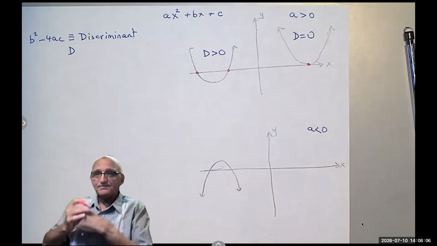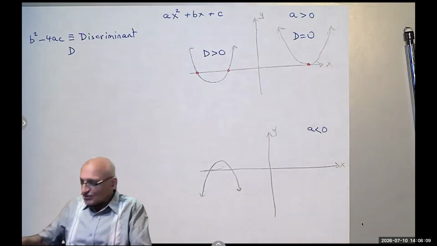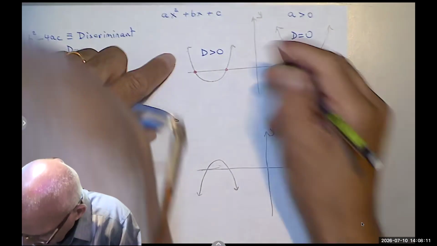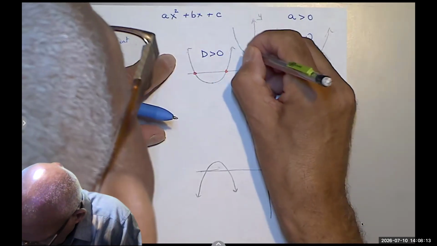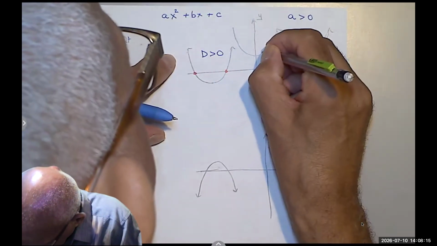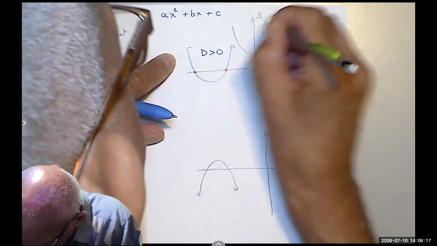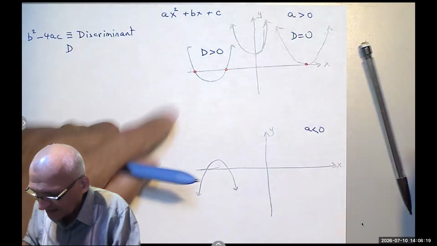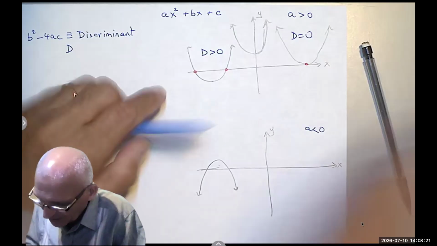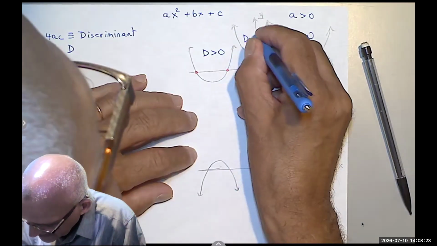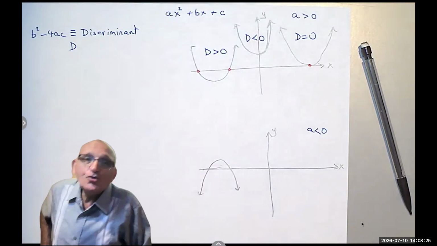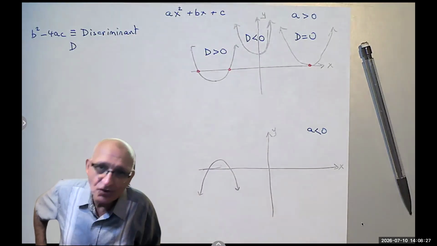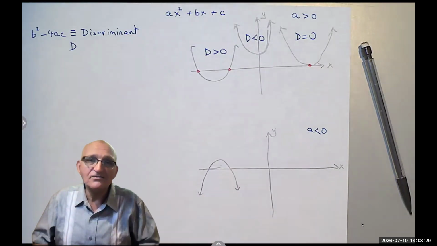It's the same number. But don't you see that I may get a case where the vertex of my parabola is above the x-axis when it's opening up, in which case D is less than 0, and I have 2 imaginary solutions. That's the meaning of imaginary.